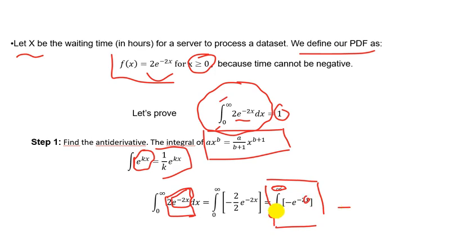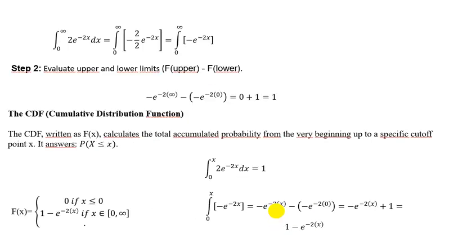x by 0. Let's see what this gives. When we replace x here by infinity, we get minus exponential minus infinity, which is 0.